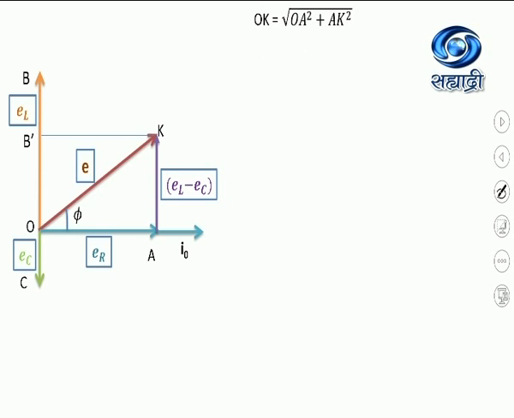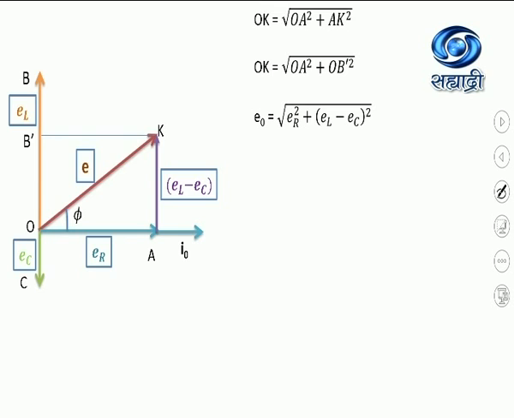Now in the right angle triangle OAK, OK is the hypotenuse and OA and AK are the adjacent sides. So OK will be root of OA square plus AK square. But AK is equal and parallel to OB dash. So I can write OK is equal to root of OA square plus OB dash square.